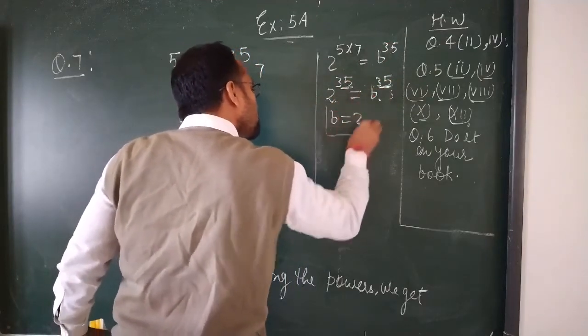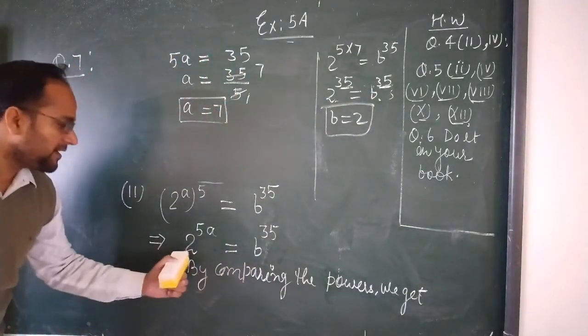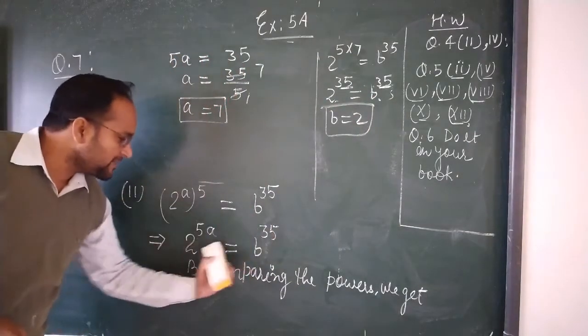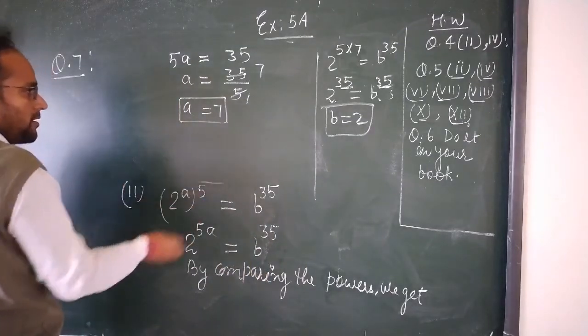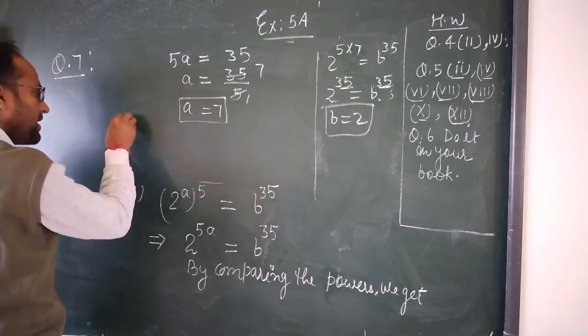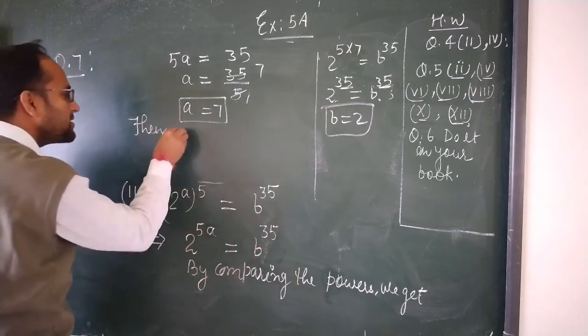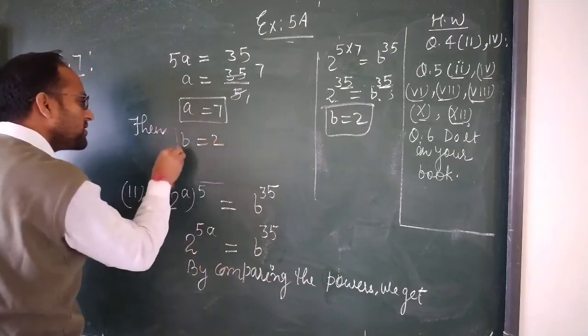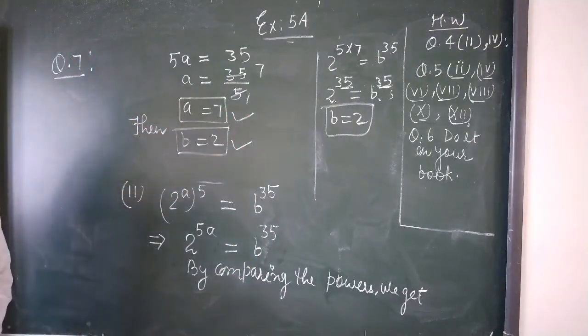B is equal to 2. So same as it is here also, you will compare, because if powers are equal, the base is also going to be equal. So compare the bases. B is equal to 2. In this case, your answer is B is equal to 2 and A is equal to 7, students.